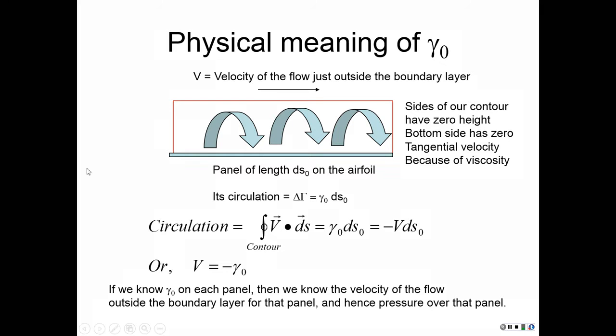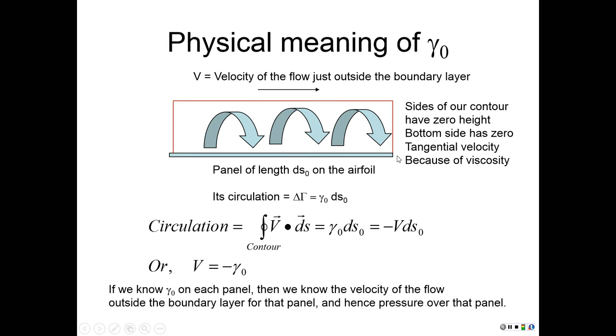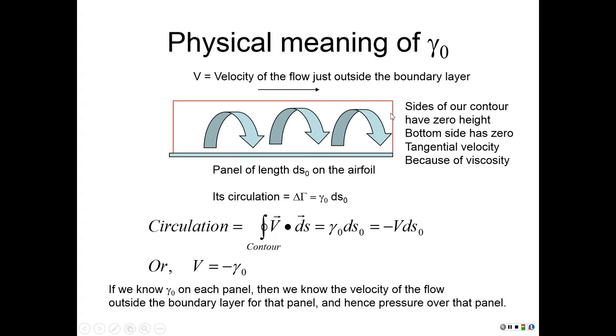Now if you do a circulation around this contour, you always do it counterclockwise. So 0 times delta s, that's 0, plus 0 times normal velocity. Why is it 0? Because the normal velocity is 0 and this height is also 0. Plus minus v, because the velocity is coming left to right, not right to left.